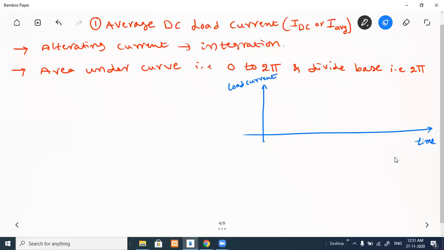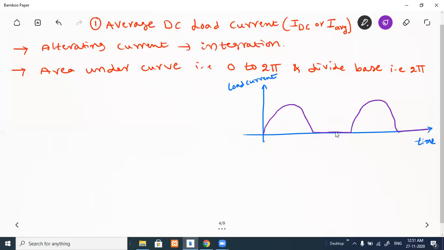The output of half-wave rectifier is pulsating in nature. In the positive half cycle there is a load current, in the negative half cycle no current, again in the positive half cycle there is a current, negative half cycle no current. So this is the load current of half-wave rectifier.